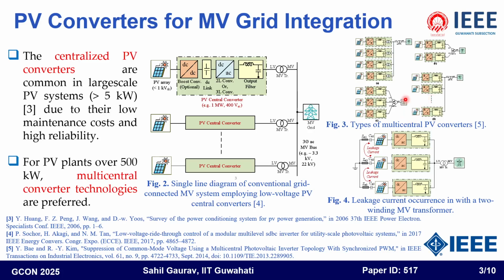This multi-winding transformer structure is shown in figures 3B and 3C, and efficiency improves in this structure for multi-central converter technology, due to isolation being provided in PV inverters that leads to minimization of common mode current. That also means minimizing the leakage current flow through these PV inverters.